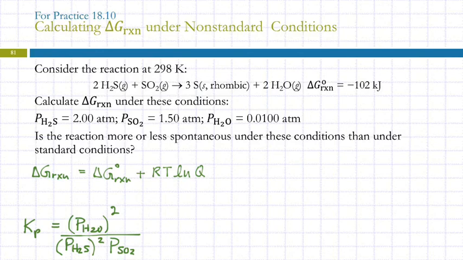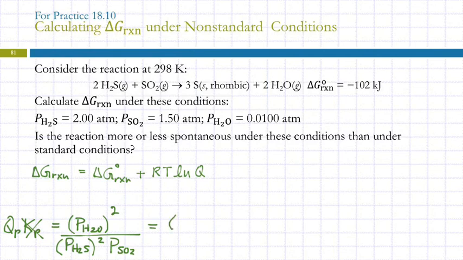Right? If we plug in these conditions, which are not equilibrium conditions, they're just what it is right now, then instead of Kp, we've got Q. So we're calculating Qp here. It's the same formula, just not equilibrium.